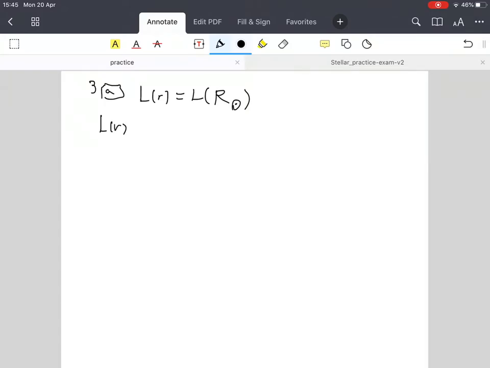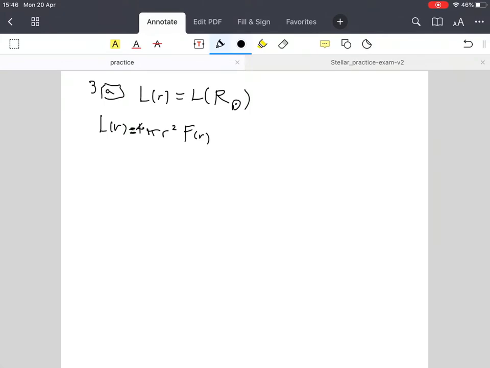And then I also mentioned that we can think about both the Stefan-Boltzmann law, but we can also just think about the definition that a flux is this power or energy per second per element of the surface area. So we can multiply the surface area at that radius, which is 4 pi r squared, times this flux.